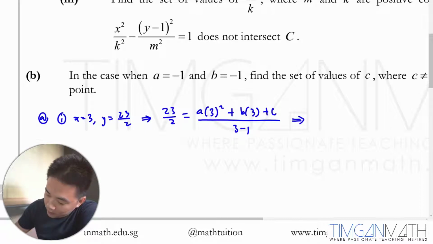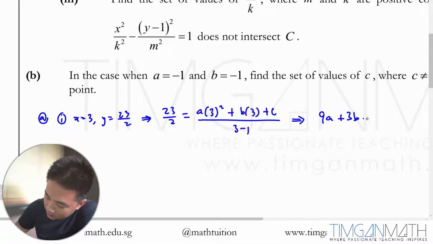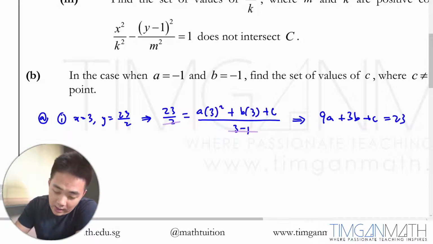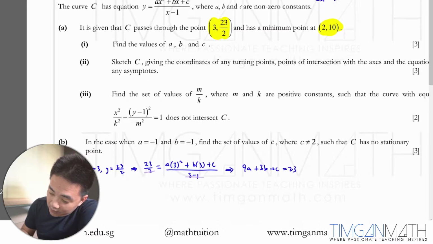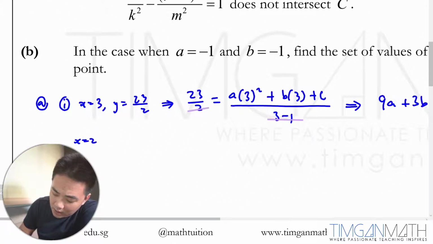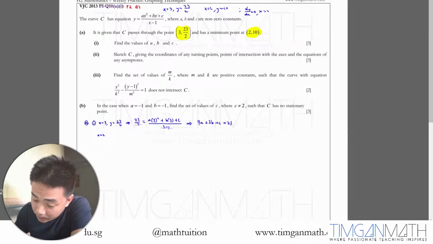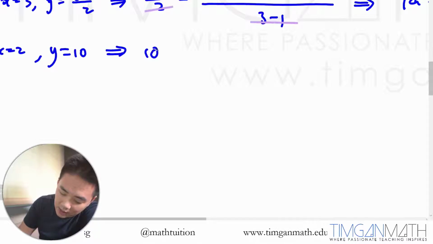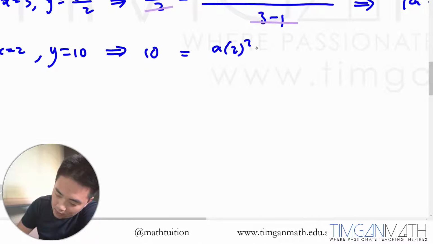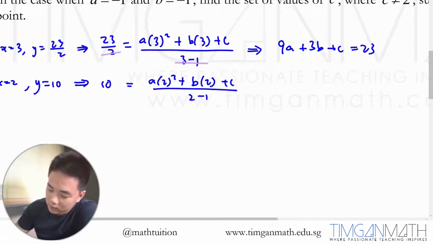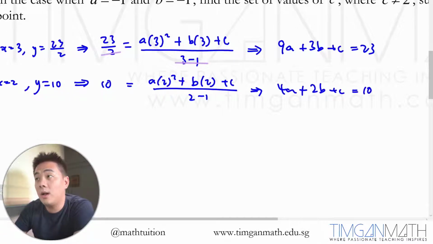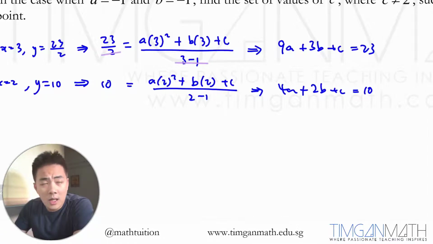So this will be 9a plus 3b plus c equals 23, because the denominator can be cancelled on both ends. Then you sub the other values, x equals 2 and y equals 10. So I got 10 equals a times 2 squared plus b times 2 plus c, over 2 minus 1. So this is also pretty okay: 4a plus 2b plus c equals 10. So I've got the other equation here.